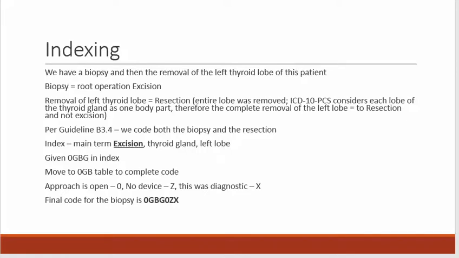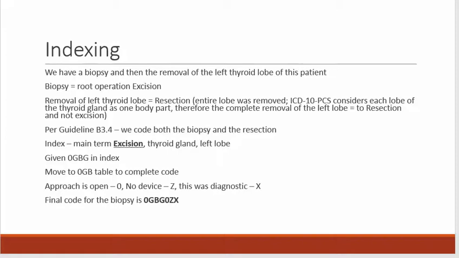In terms of hierarchy in which code you code first, there is no definitive information yet. So you could code them in either order. You could code the resection first and then the excision, or you could code the excision and then the resection. Most coders probably would code them in the order it happened in the surgical operating room. So we code the biopsy first.